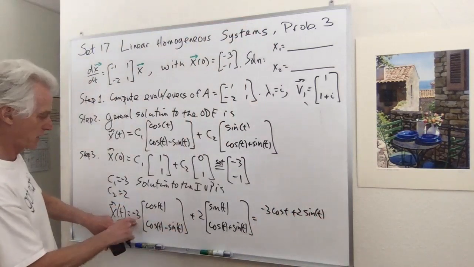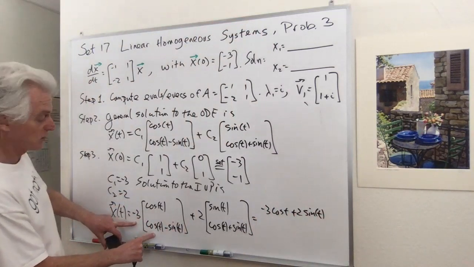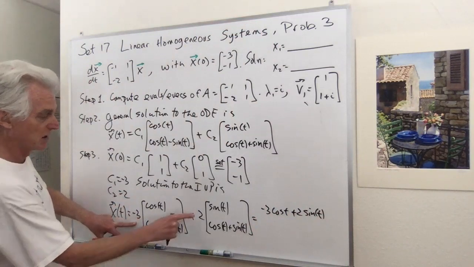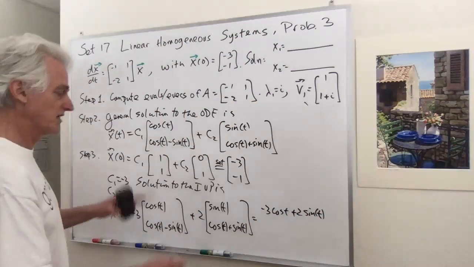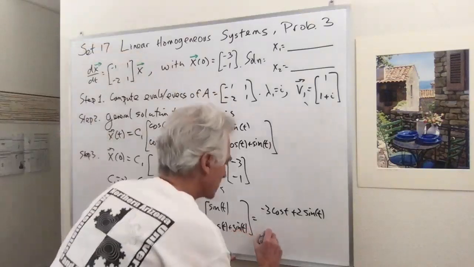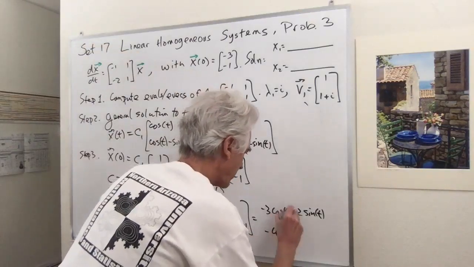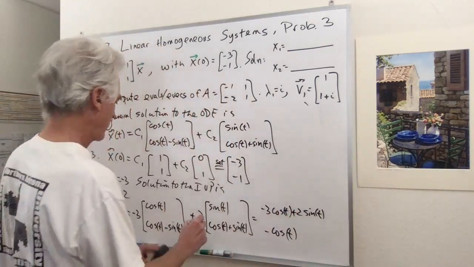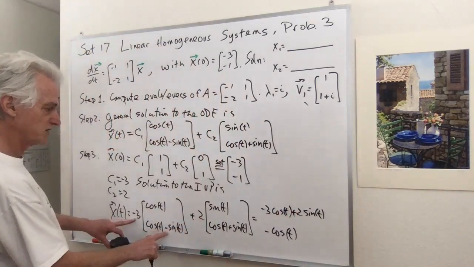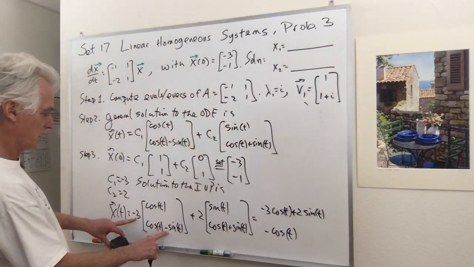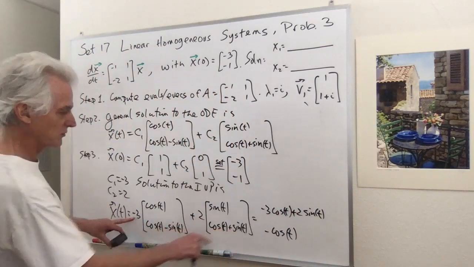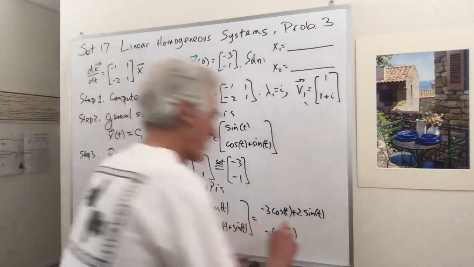I don't have to, but I want to. What's in front of cosine? -3 times cos t plus 2 times cos t. That's -1 times cos t altogether. And then what's in front of sine t? Plus 3 sine t plus 3 sine t. That's a plus 5.